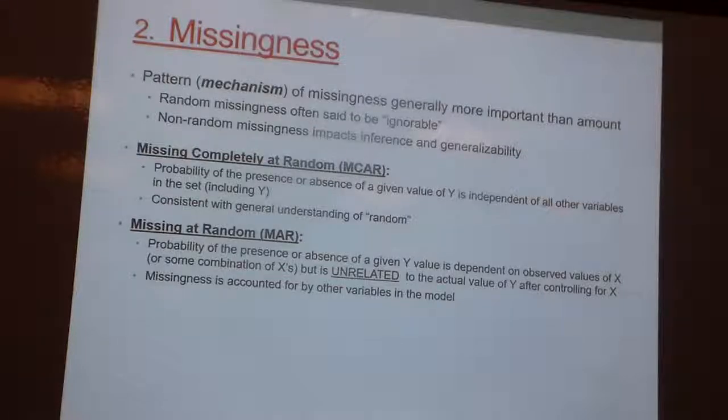Okay? So it's not missing completely at random. If we're assuming that blood pressure in January and February are correlated with one another, what type of values are we missing in February?